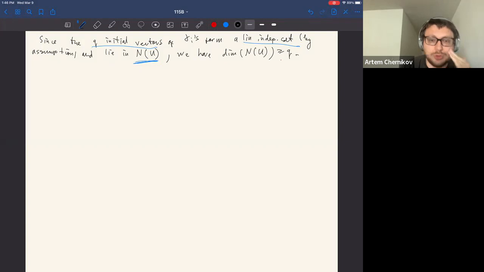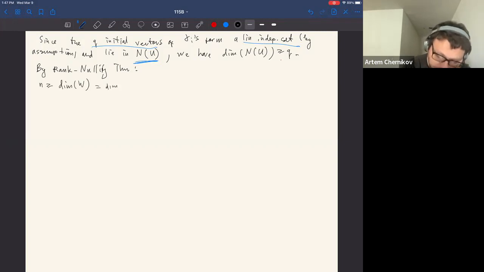But now we can use the rank nullity theorem here. So by the rank nullity theorem, we get that n is greater or equal than the dimension of W, which is the dimension of the range of U, plus the dimension of the null space of U. So this is greater or equal than n minus q plus q.